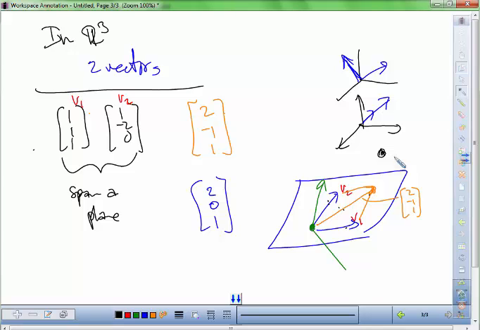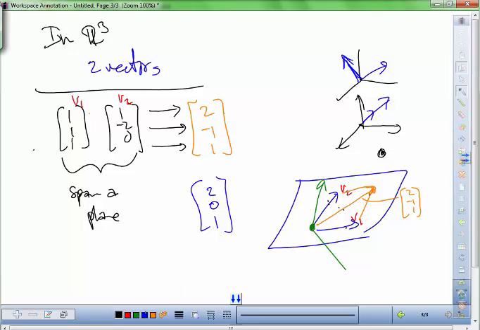Why? Because the way I chose this vector, I just added these two. So because of that addition, I'm stuck on the plane. Somebody made up the other one, so it's not the two added together.